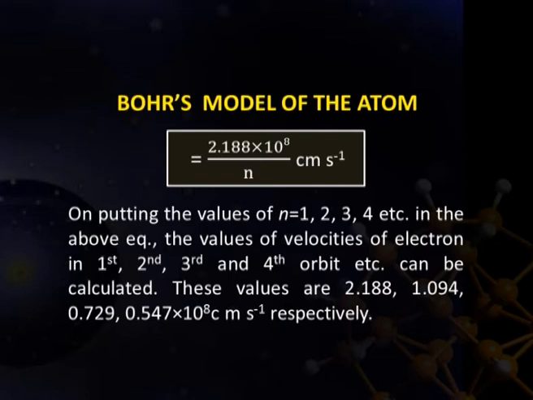A hydrogen atom contains only one electron, n is equal to 1, and moves without radiating energy. However, if the electron absorbs energy in some way, it becomes excited and moves to a higher energy level, n is equal to 2 or 3 or 4. This excitation can be brought about either by heating or by collision etc. When energy is supplied to a sample of hydrogen gas, individual atoms absorb different amounts of energy.